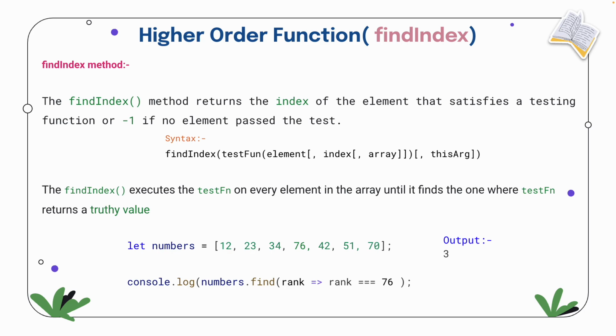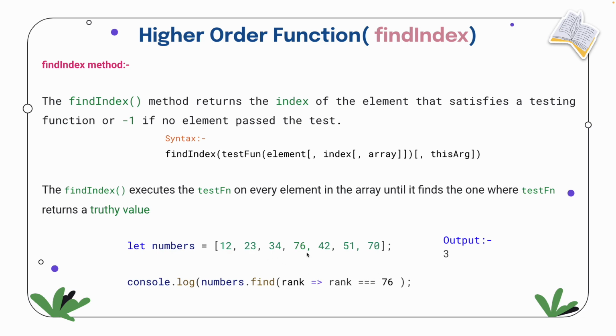Same thing it does in findIndex. But the difference, as I told you, is that indexOf only works for checking with a static value, but findIndex works for conditional checks, based on some conditions.